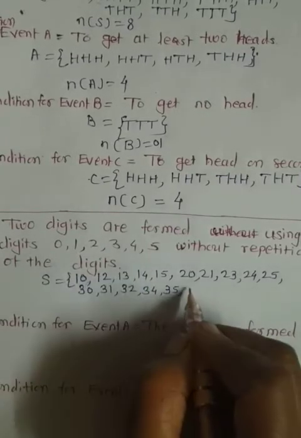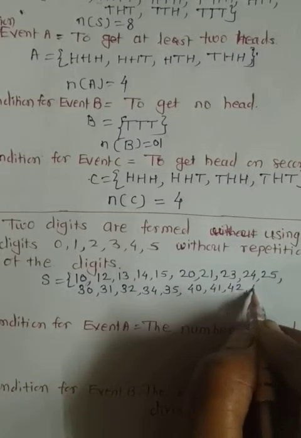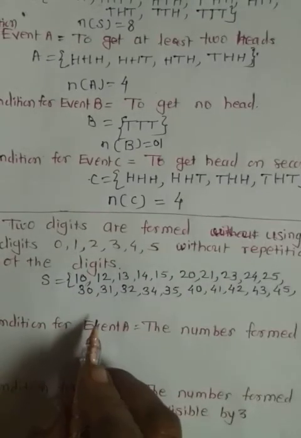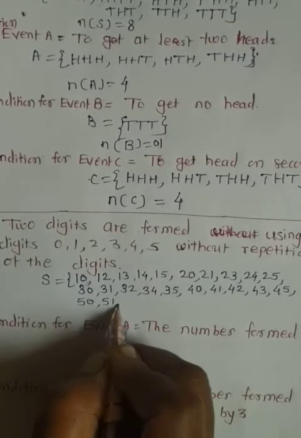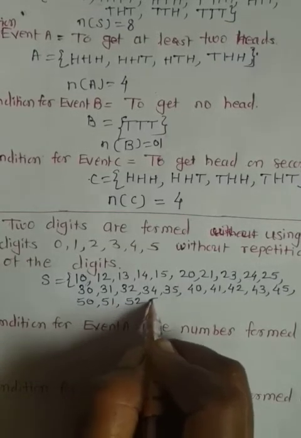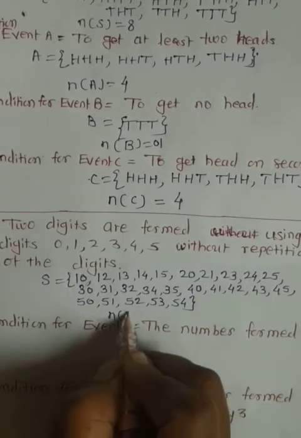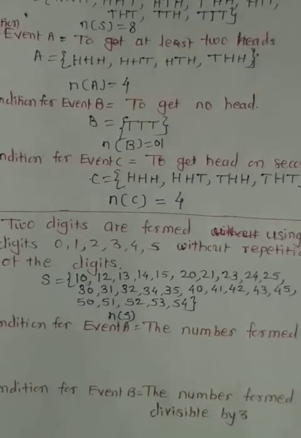Now we start from 4, 40, 41, 42, 43 and 45, and at last we start from 5, 50, 51, 52, 53 and 54. Means in this way we write the sample space.